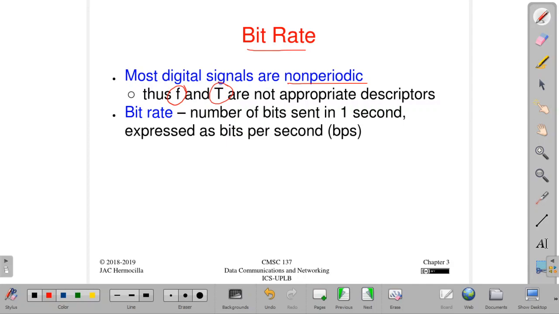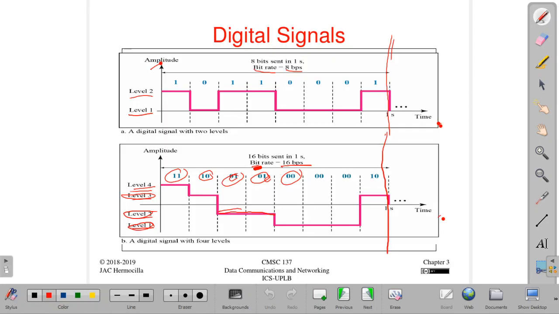And based on the previous illustration, the bit rate is the number of bits sent in 1 second, expressed as bits per second. So you'll be able to see that here. Okay, so this is the number of bits sent per second.